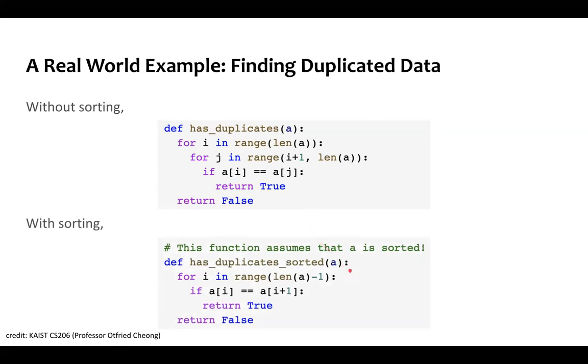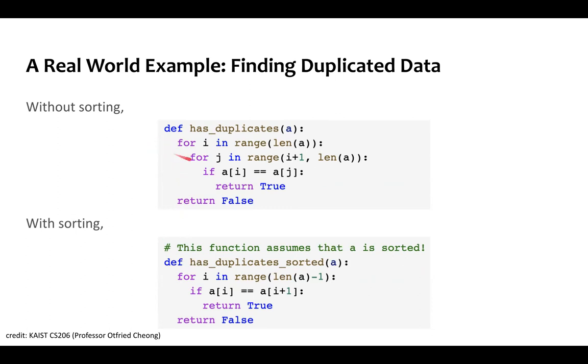And it is going to be a complexity of O(n squared). However, if the items inside this list are sorted, we don't have to actually check all the items. We just check whether the item of interest is the same as the next item, all right? Because if there is a duplicated item, then they are going to be neighboring each other, all right? So in this case, we loop over the items just once.